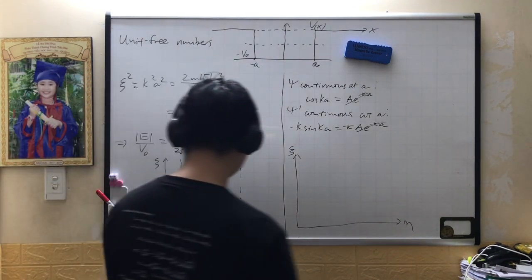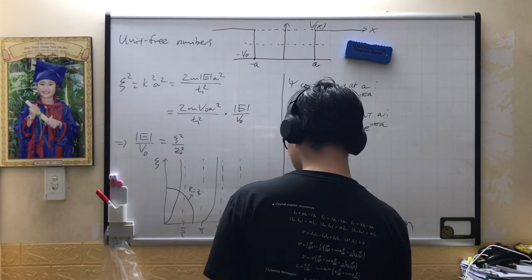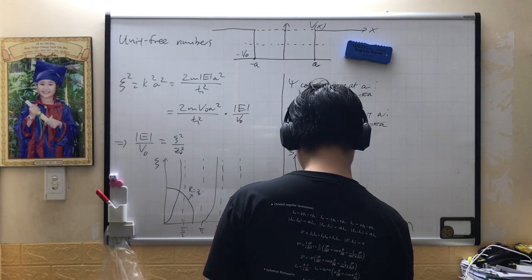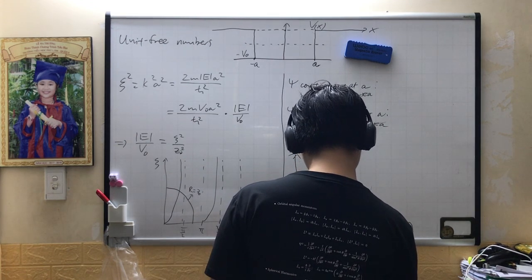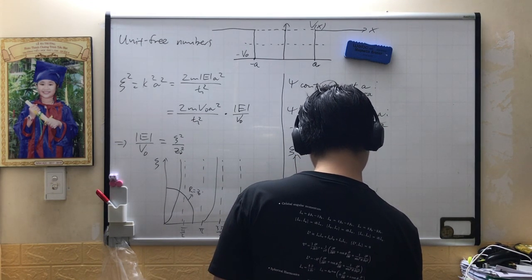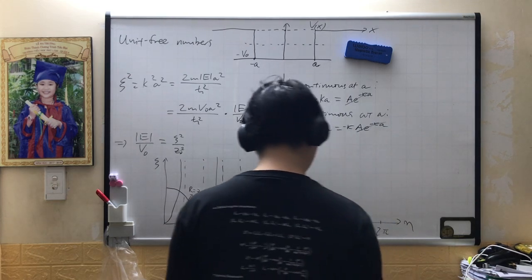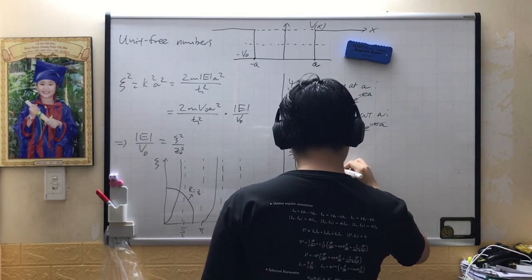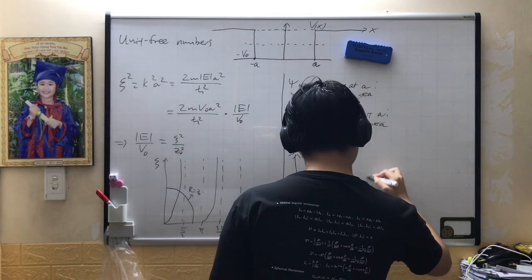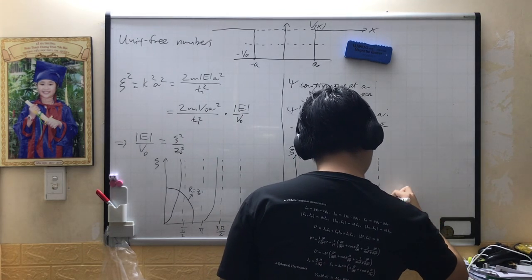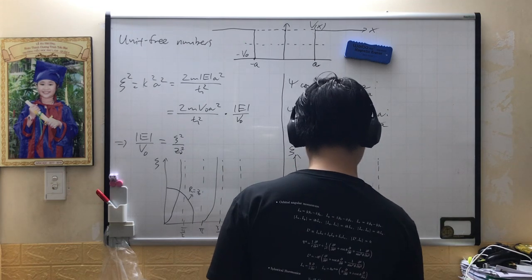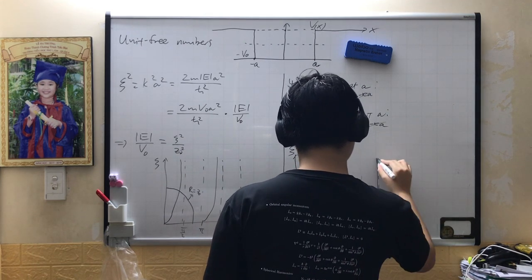And let's do the same with the odd one. The odd one is going to start from pi over 2, and it's going to kiss this line. There we go.